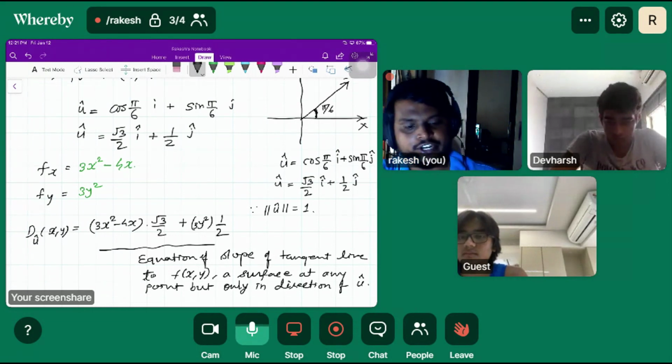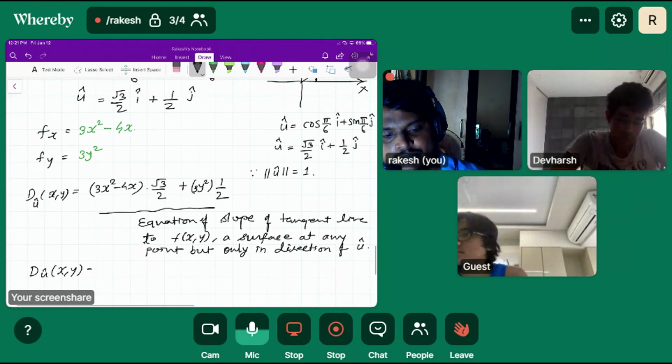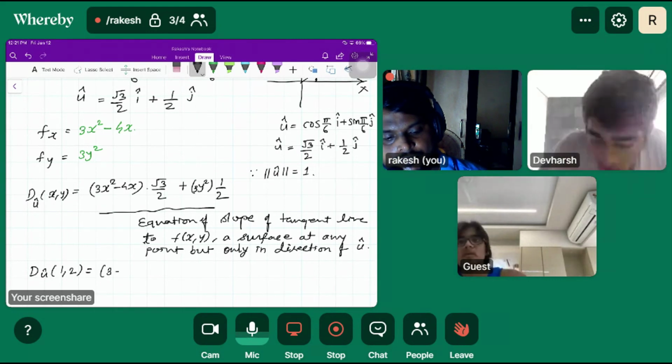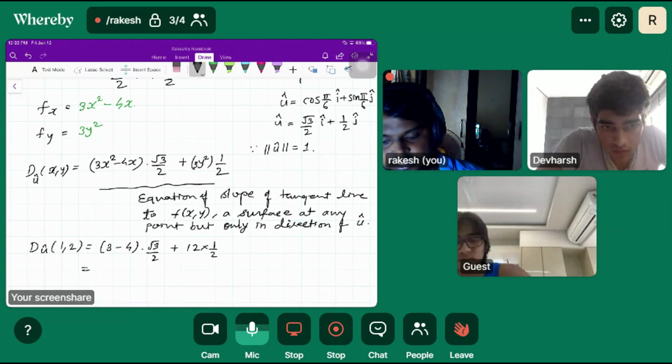So we require a point, and the point is x comma y. What is the point? 1 comma 2. So 3 minus 4 root 3 by 2 plus 2 to the 4, 3 is 12, 1 by 2. So this is minus root 3 by 2.